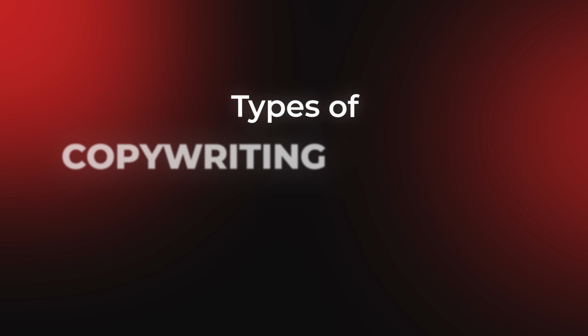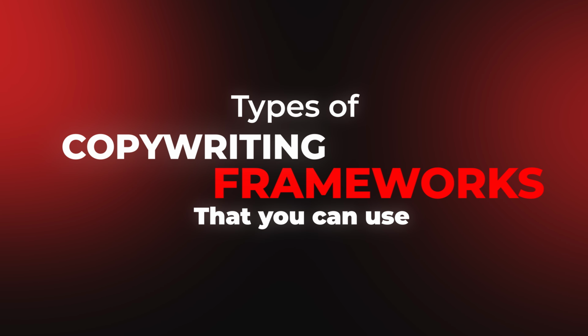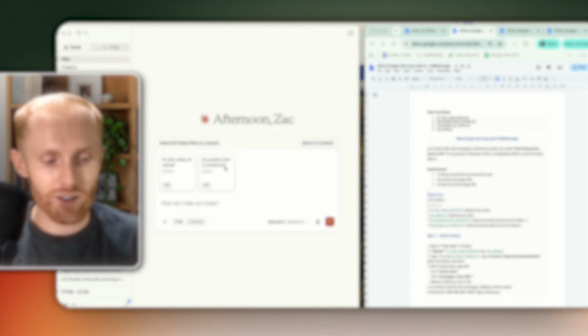Once you understand the stage of awareness the customer is at based on the keyword they've searched, the next phase is to think about the types of copywriting frameworks that you can use to appeal to that buyer based on where they are. So you don't have to use all of these all of the time. You'll need to flex these depending on the niche and depending on where that person is in the funnel. So there's 3 examples here.